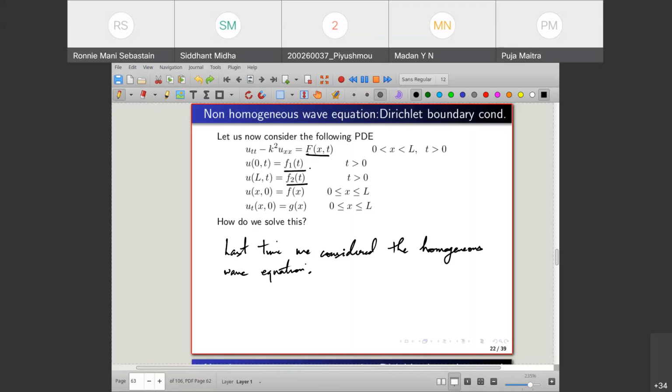And this is what we did. We always first considered it with Dirichlet boundary conditions, and Neumann boundary conditions. I hope the spelling is correct.